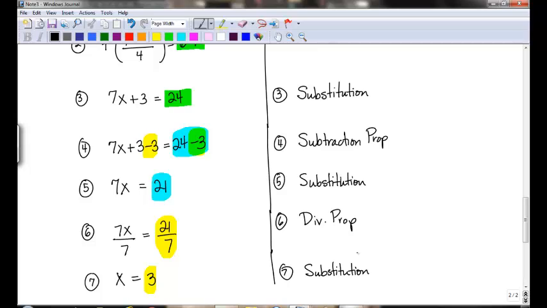Okay, now on the homework, okay, if you look on the ones for Friday, go to number 17. Yeah.